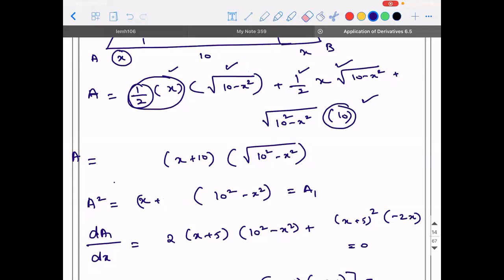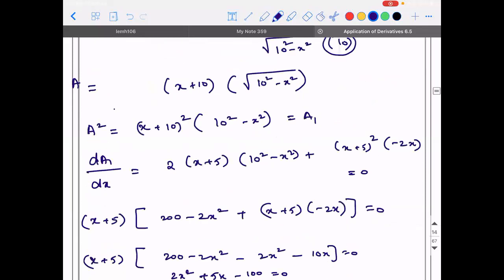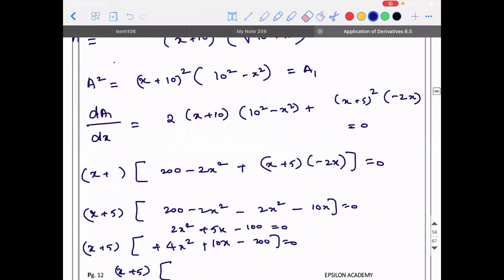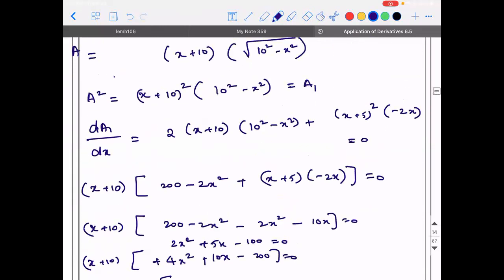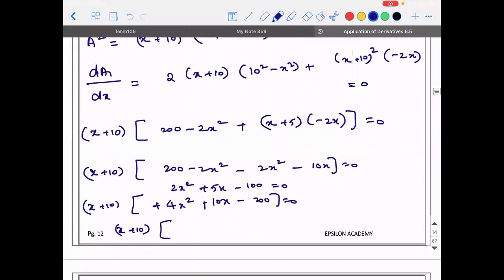So squaring on both sides, I get x plus 10 the whole square into 2 into x plus 10. I think now you should get the answer. Here also it will be x plus 10. Okay, here it will change, right? x plus 10 the whole square.